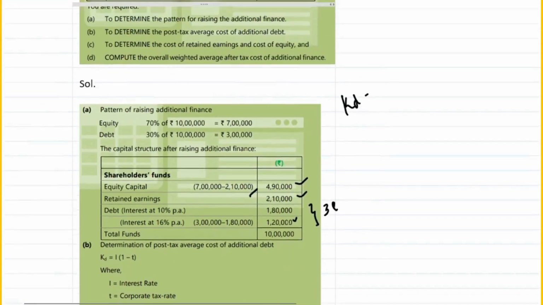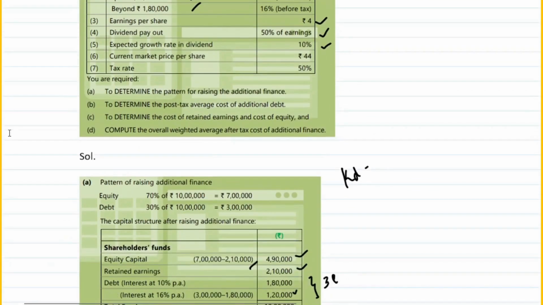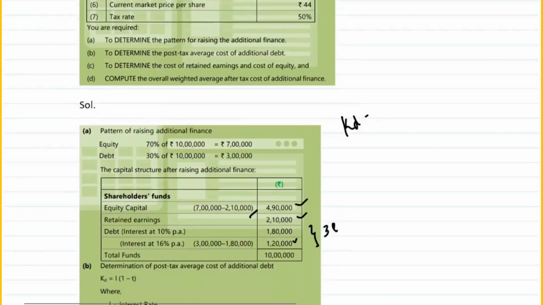The major takeaway in this question is how they have allocated the cost of debt into two parts. The total is given, out of which two parts are divided. Similarly, if a part of the retained earnings is given in the question, it has to be subtracted from the total equity element. The total equity is 7 lakhs, out of which 2,10,000 is reduced.